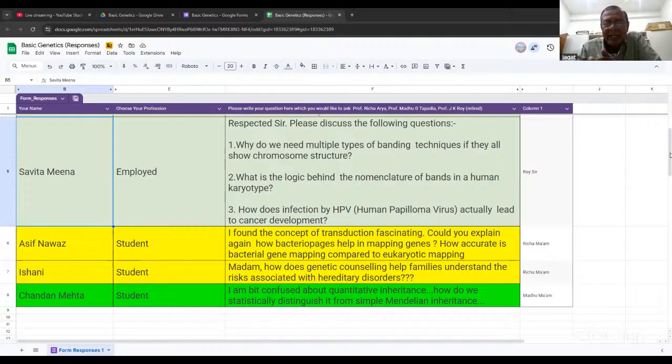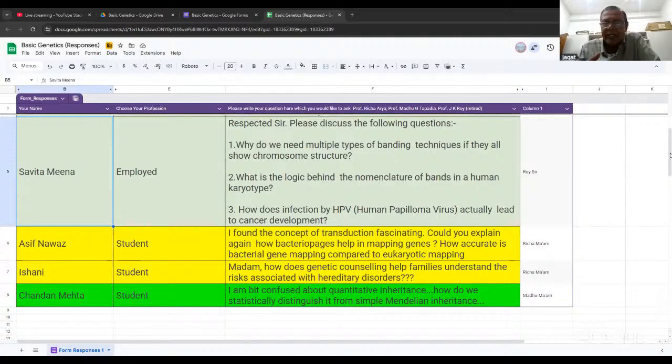Tightly packed regions give you G-band positive regions, and loosely packed regions give you G-band negative regions. So this is G banding. This is the first banding, and that can be used in the nomenclature very well.